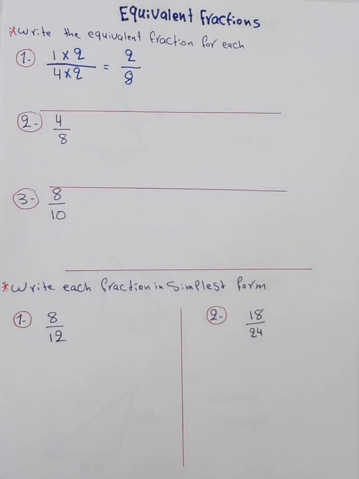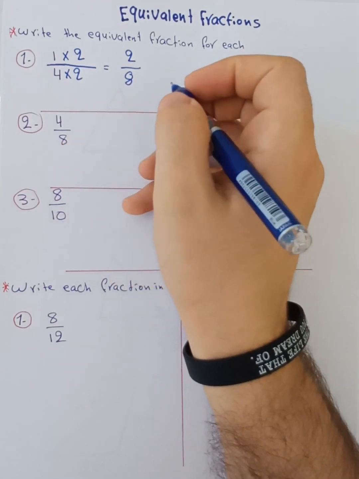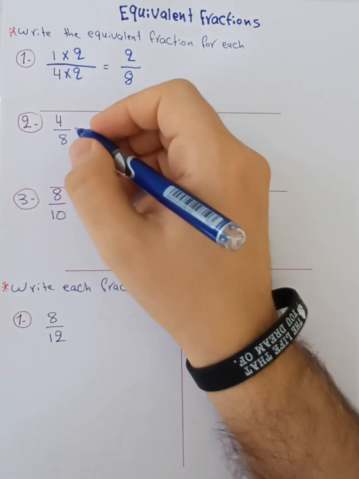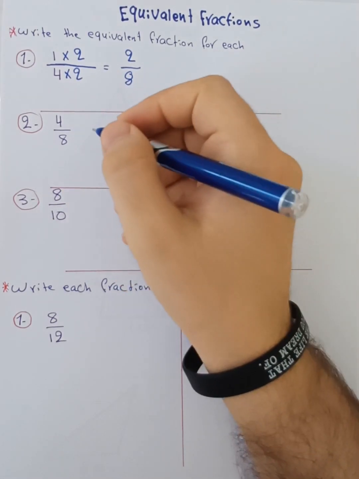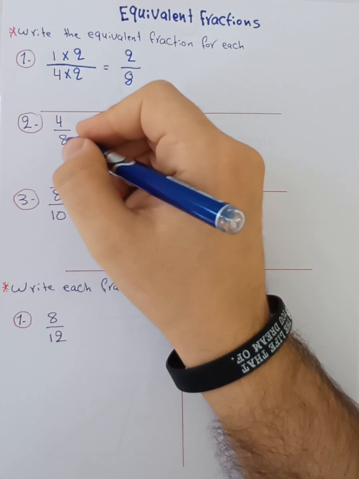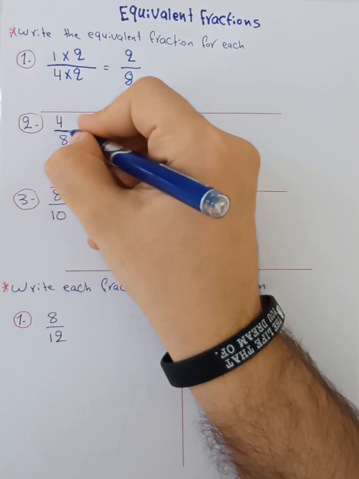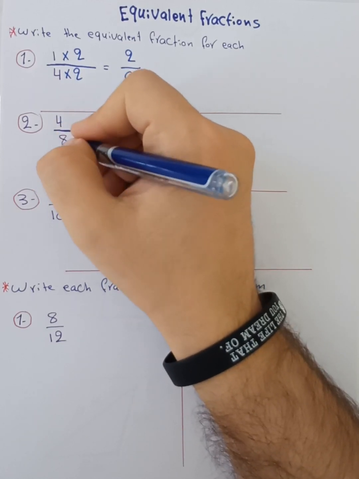Example number 2, we have 4 out of 8. When we write the equivalent fraction for a fraction, we can also use division. But multiplication is easier than division. But we can also use division. For example, we have 4 out of 8.